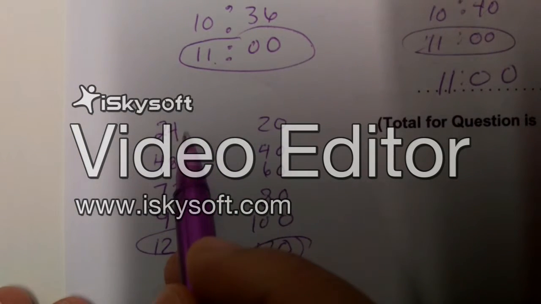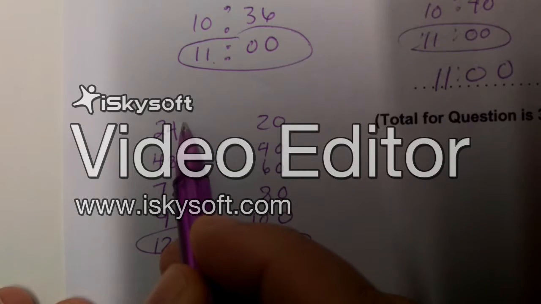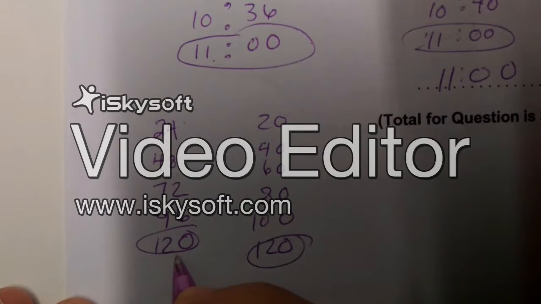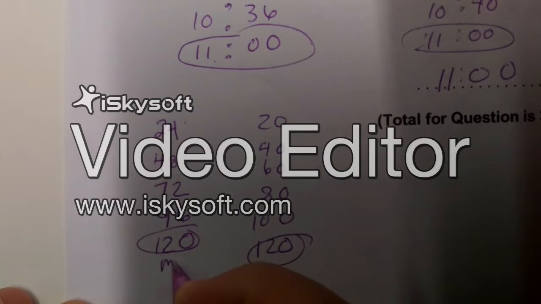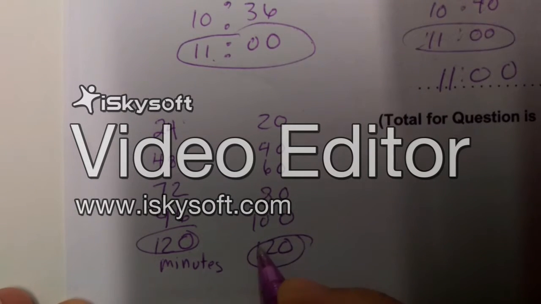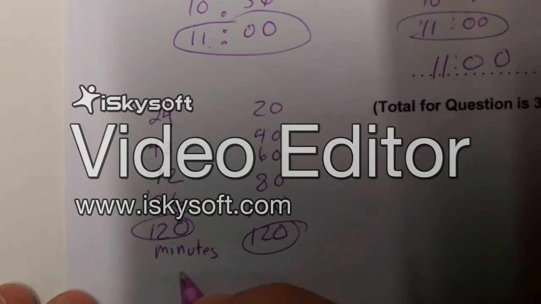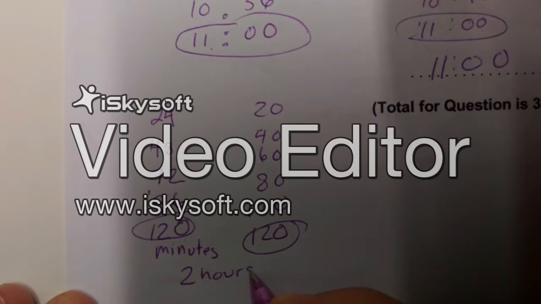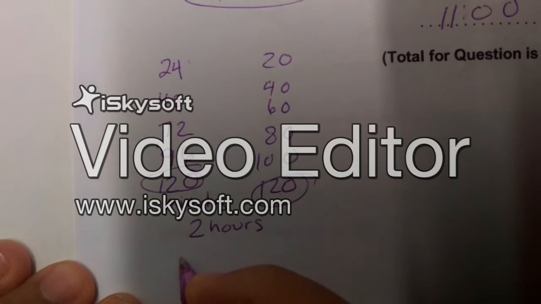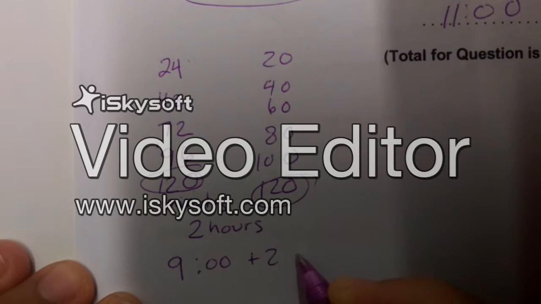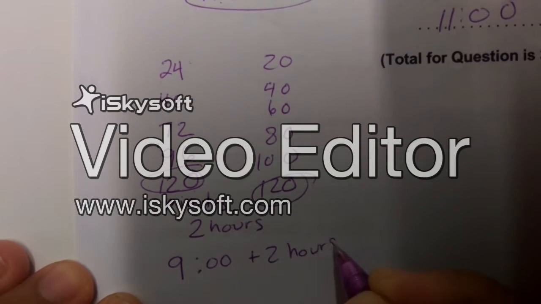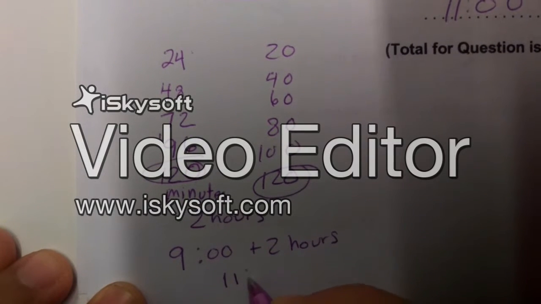This is 24 minutes, this is 20 minutes, so the lowest common multiple is 120 minutes between the two. And what is 120 minutes? That's 2 hours. So we can have just done 9 a.m. plus 2 hours. That ends us up at 11.